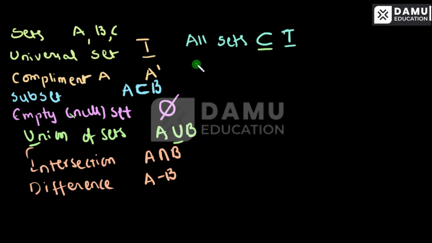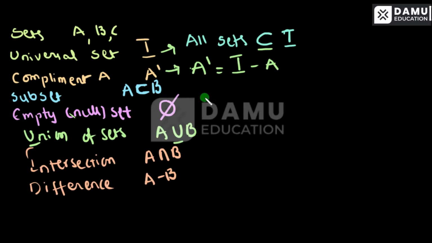Complement of A means universal set minus A. The elements which are there in I should not be contained in the second set, that is, the set after the minus. Which are presented in I, that should not be present in A.